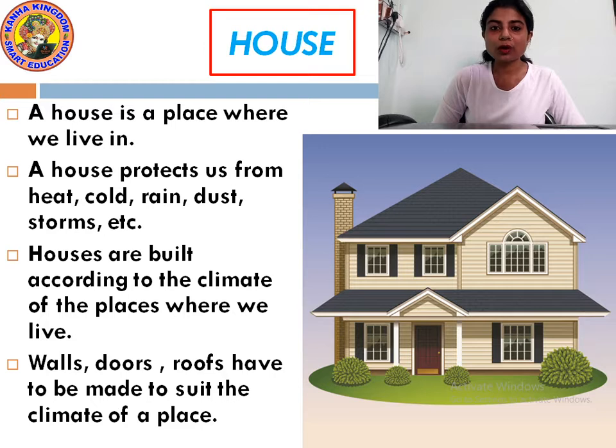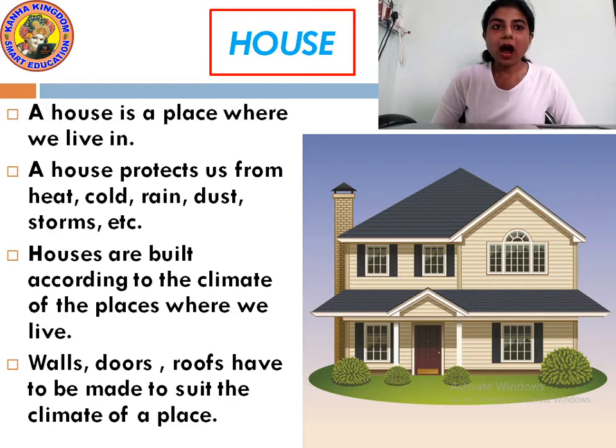Yes or no? And a house protects us from heat, cold, rain, dust, storms, etc. Yes, when it rains, where do you stay? You stay inside your house. Yes or no? You can't come outside in the rain and get wet outside. Who protects us? Our house protects us.